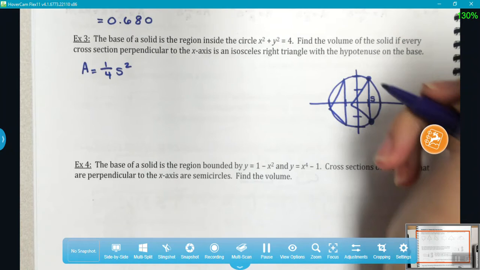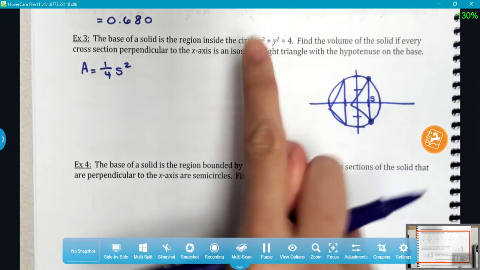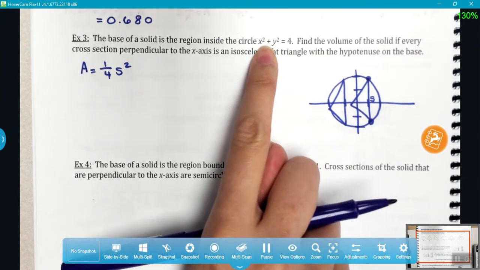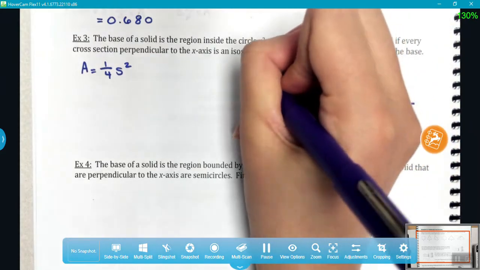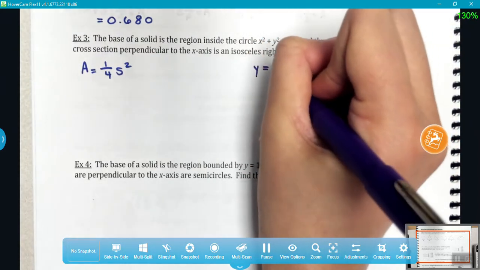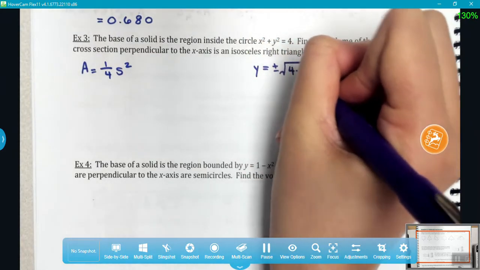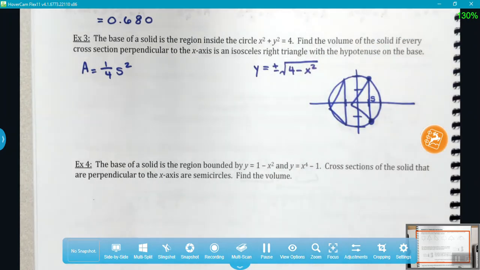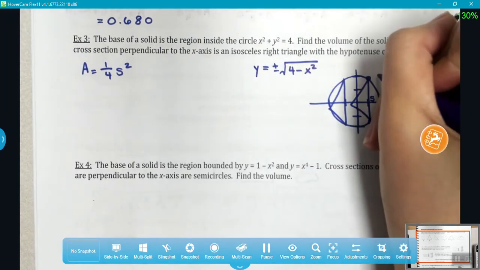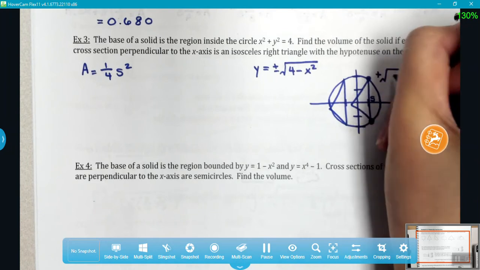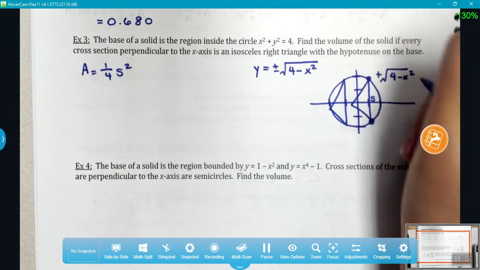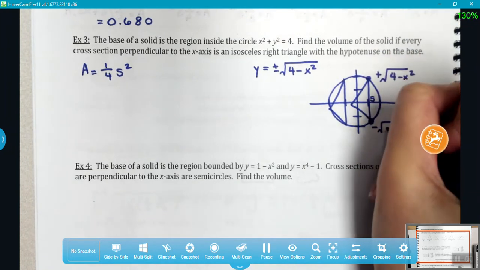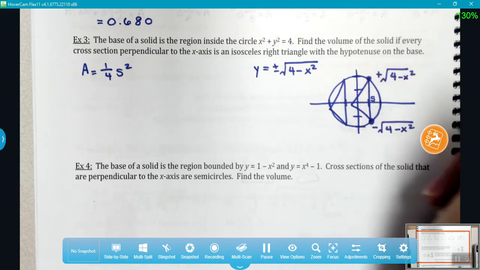Okay, so I need the top and the bottom of this. So I've got to solve this equation for y equals plus or minus square root 4 minus x squared, right? So the top part is positive root 4 minus x squared, and the bottom is negative root 4 minus x squared.